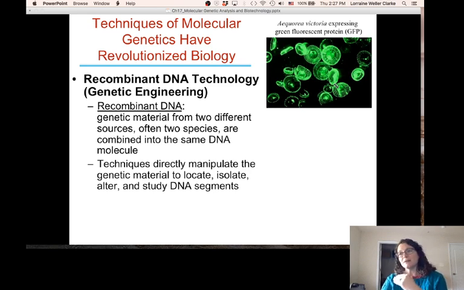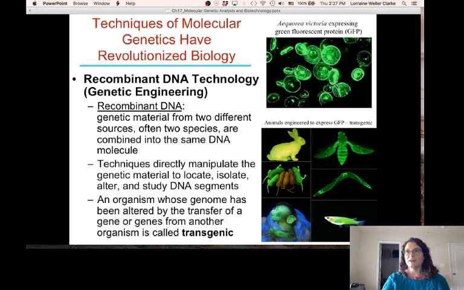Now we're using recombinant bacteria to make organisms that have this new chunk. An organism whose genome has been altered by the transfer of a gene or genes from another organism is called transgenic. I mention this because this is basically human-mediated horizontal gene transfer.